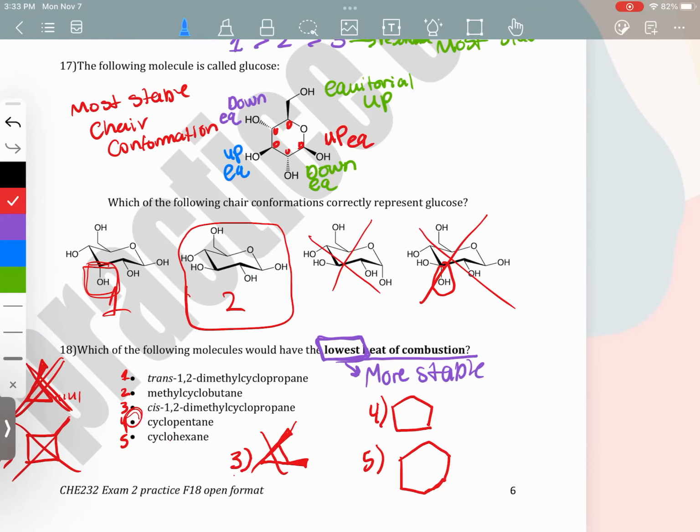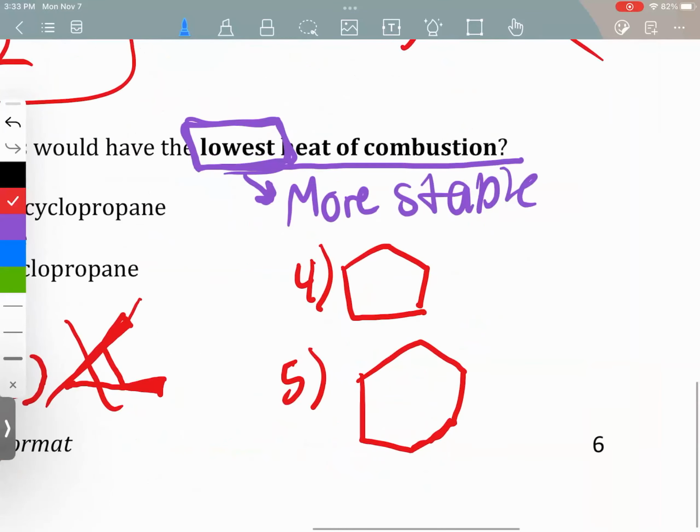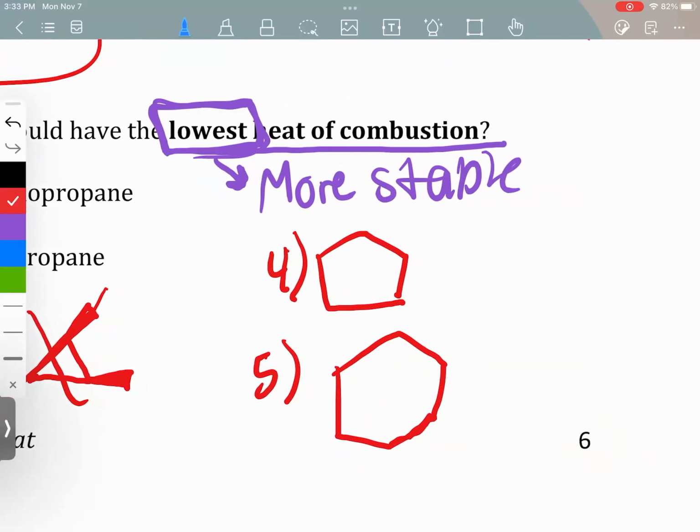The reason is that when it comes to the cyclic structures, cyclohexane has more carbons in the ring, so the more heat of combustion you will have. Cyclopentane has one less carbon than cyclohexane. So that's why cyclopentane is more stable.